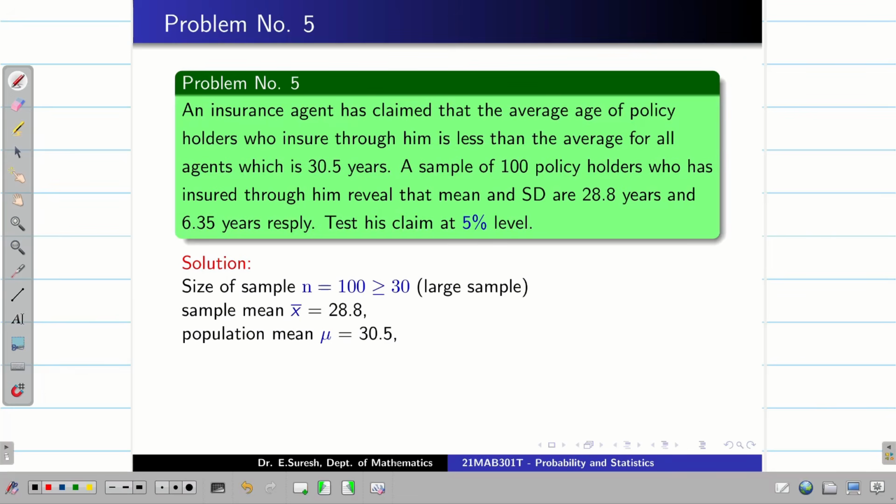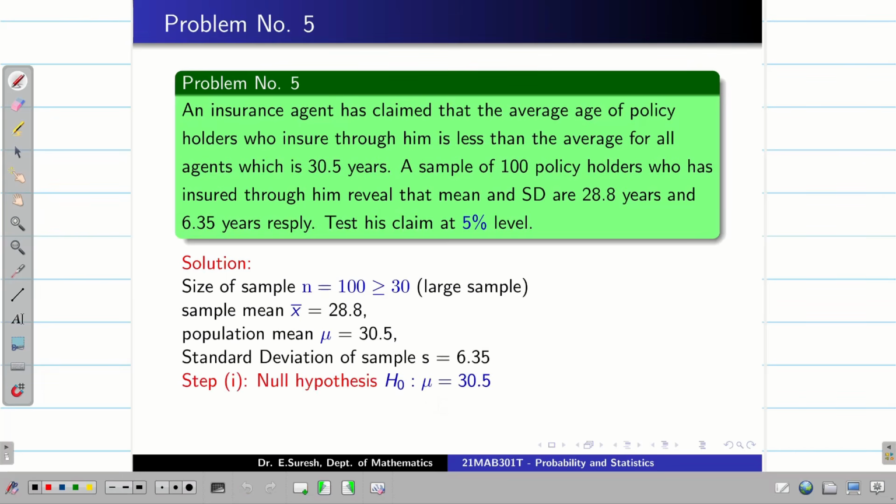So now my H naught always says there is no difference, nothing is there. So mu is equal to 30.5. That is my H naught. But this guy is claiming all the people coming to him and insuring through him have ages less than 30.5. So we are going to check whether this guy is saying correct or he is lying.